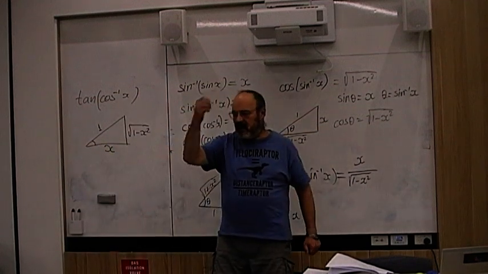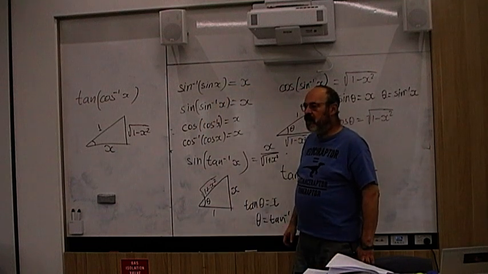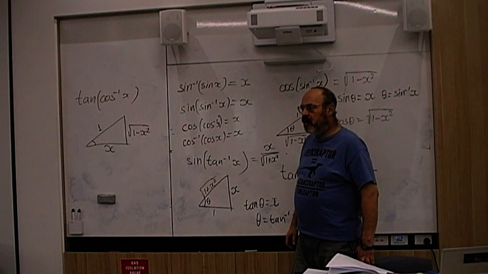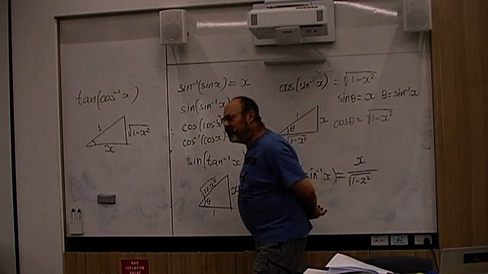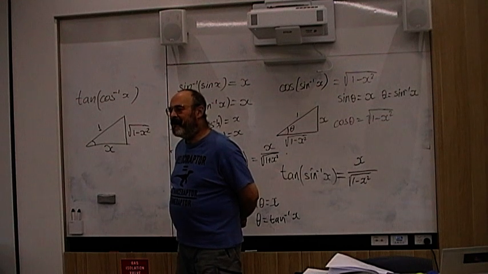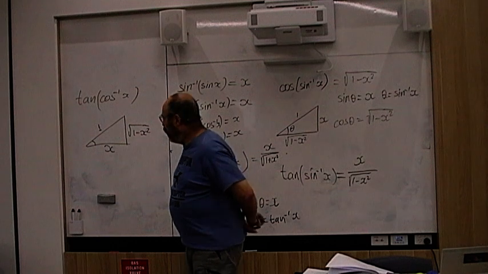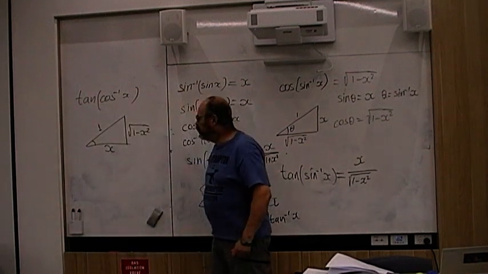Would we get, like, tan of cos inverse of 2 or something like that? Cos inverse of 2 doesn't exist. Can cos be equal to 2?